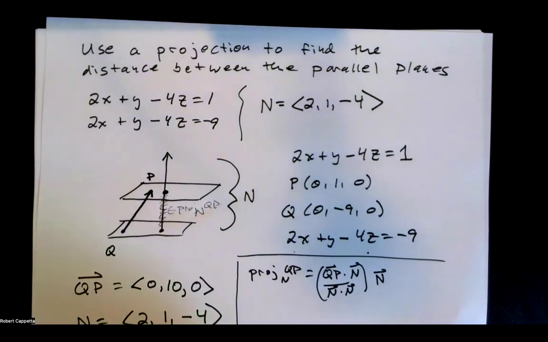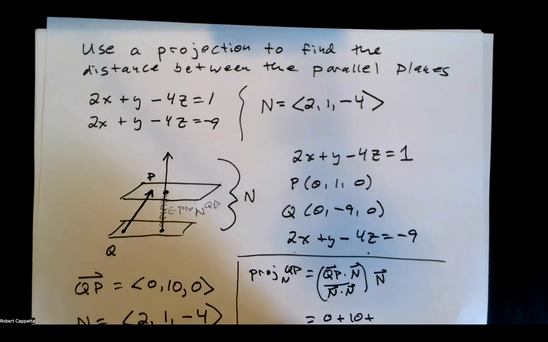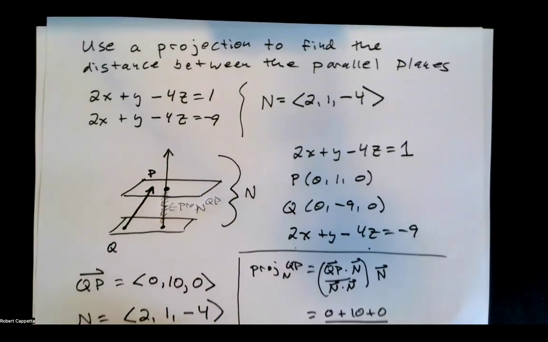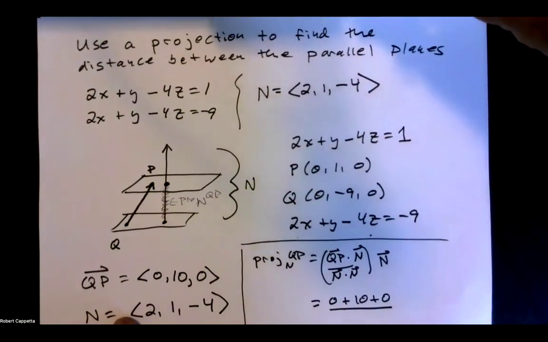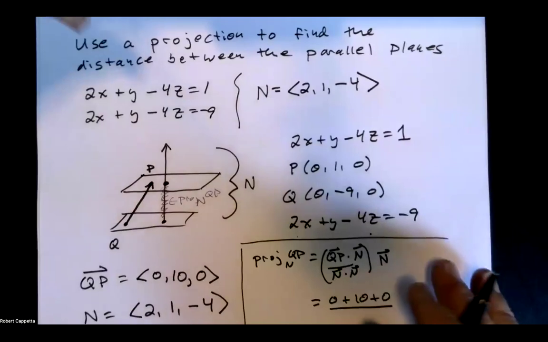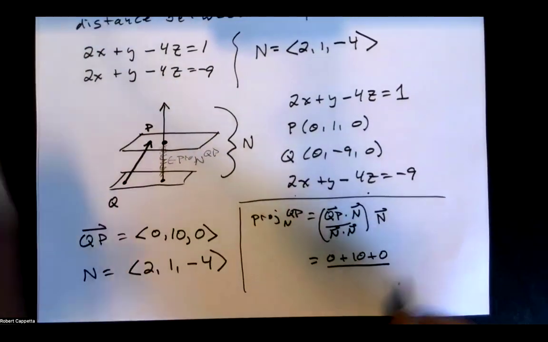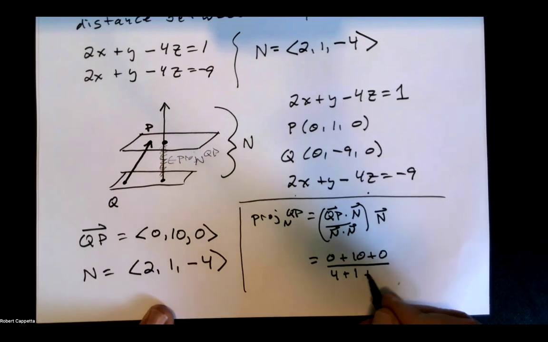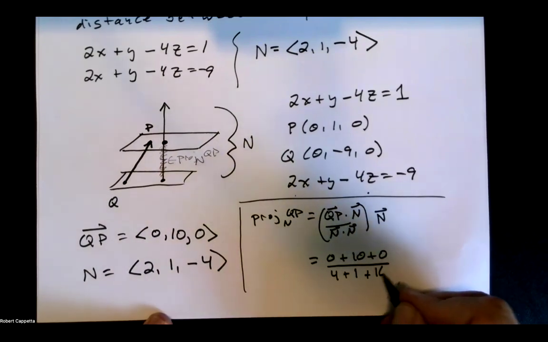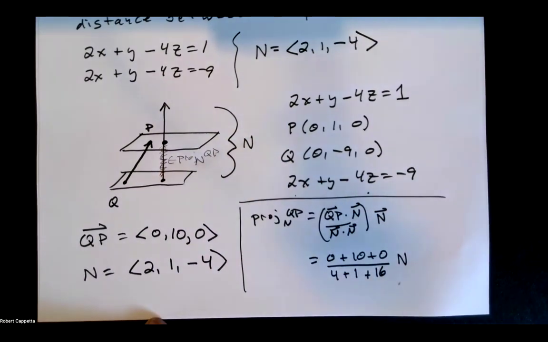So what is QP dot n? What is that going to give me? 0 times 2 is 0, plus 10 times 1 is 10, plus 0 times -4 is 0. Over n dot n, which is going to give me what? n dot n is going to be 2 times 2, which is 4, plus 1 times 1, which is 1, plus -4 times -4, which is 16, times n.